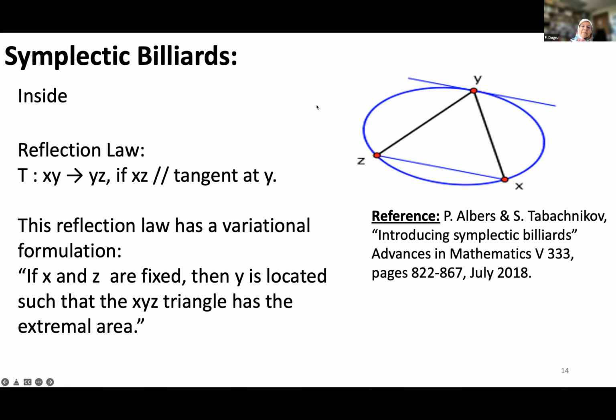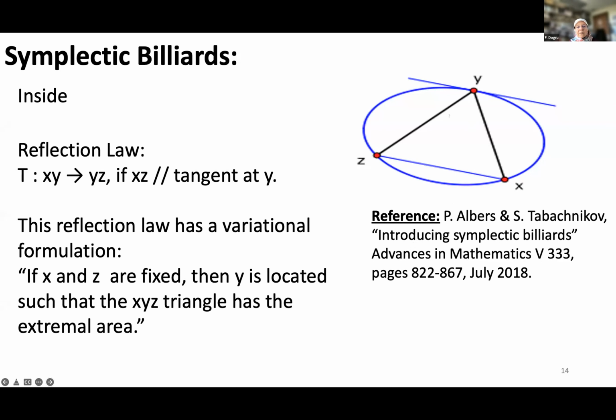This reflection law can be converted into a variational formulation. This is very nice because in this particular paper, there is one very nice explanation of all three billiard types using the variational formulation and its relations.